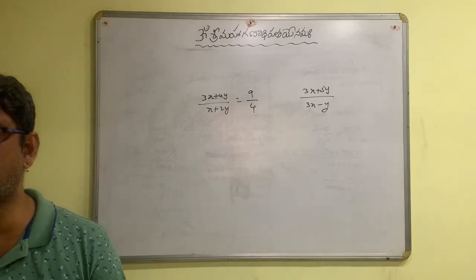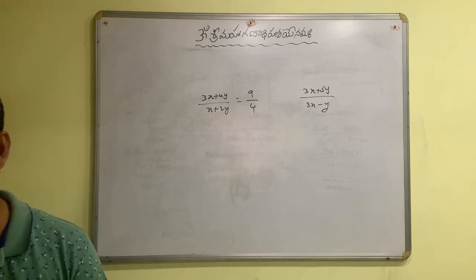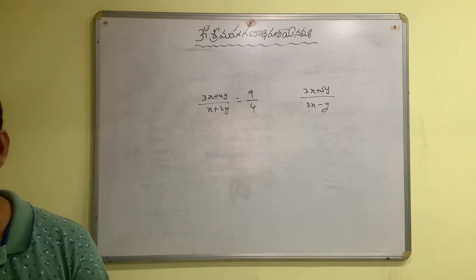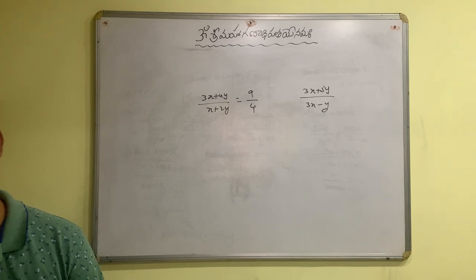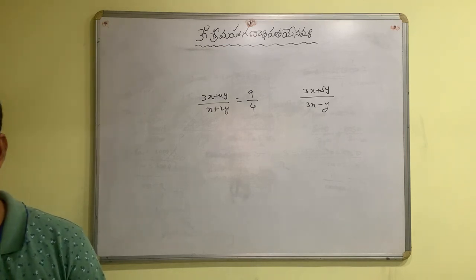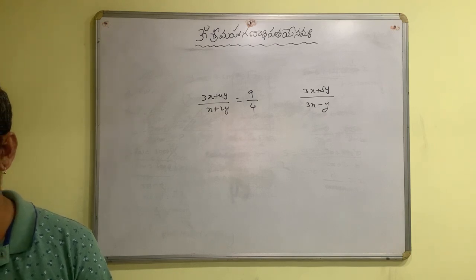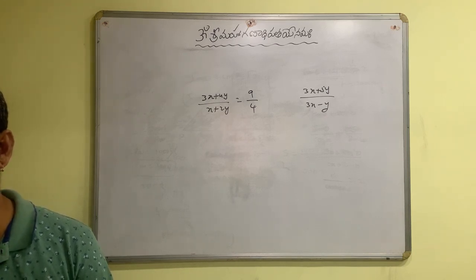Why 3x is equal to 2y, Shanvi? How did you get 3x is equal to 2y?